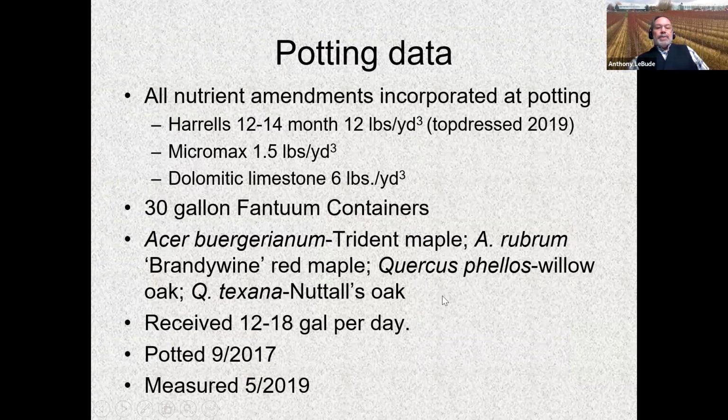We used 2 maples and 2 oaks, so 4 different species. And the reason we used 4 different species that were nothing like one another is because in nursery production, when you're going to make some sort of change or recommend using something different, it's great that with one plant like a Cotoneaster you might get all this exorbitant growth, but there's 400 species of plants people grow, and so it needs to be able to show an improvement across a wide array of plants.